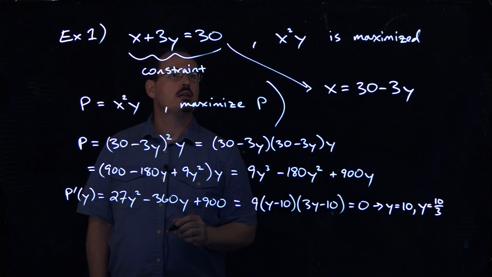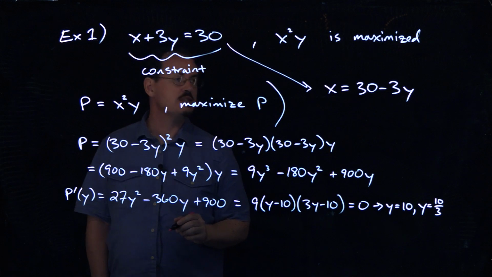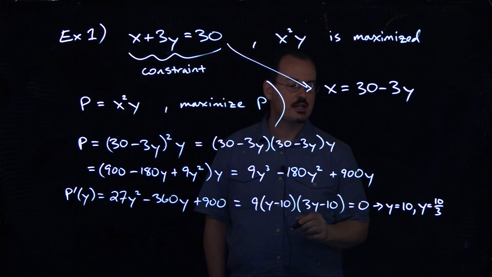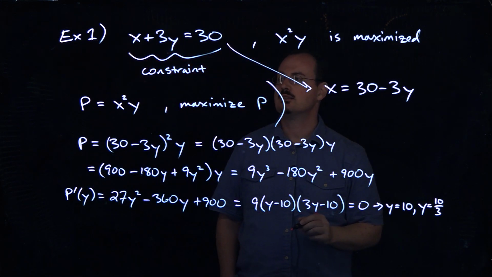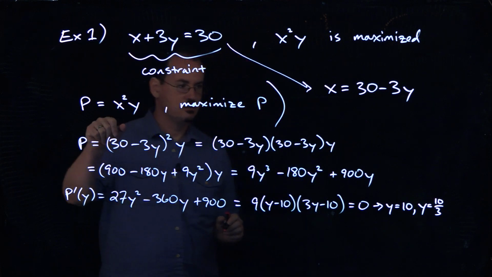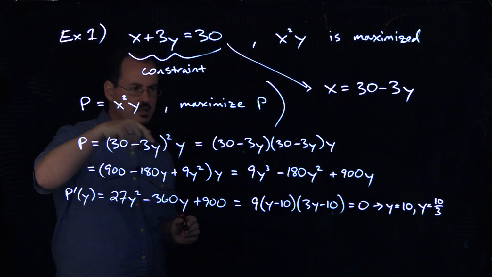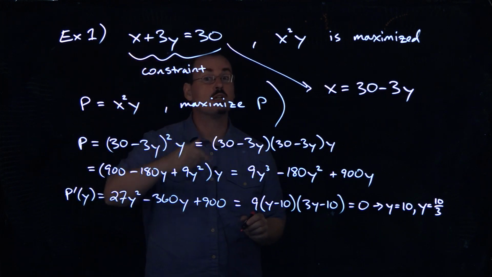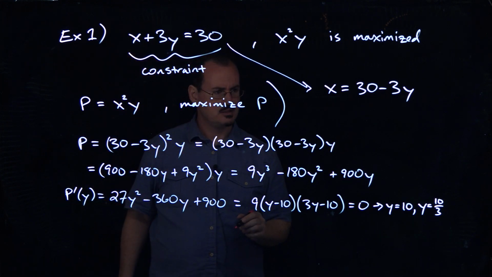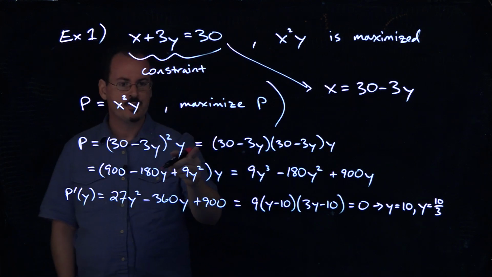All right, so now we want to decide which of these two is actually going to give us a maximum value. So if I plug in y equals 10, in fact, I need to find x as well.